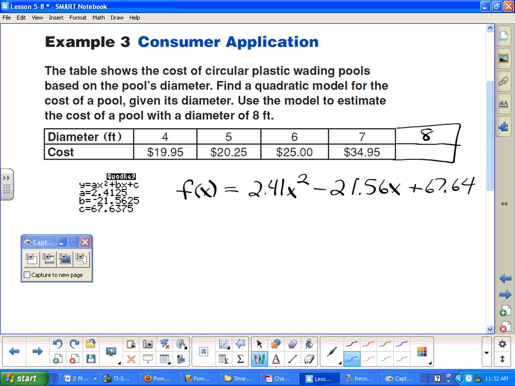There's our function. Now to find out what the cost of a pool with a diameter of 8 feet, well, what's that 8 going to go in for then?